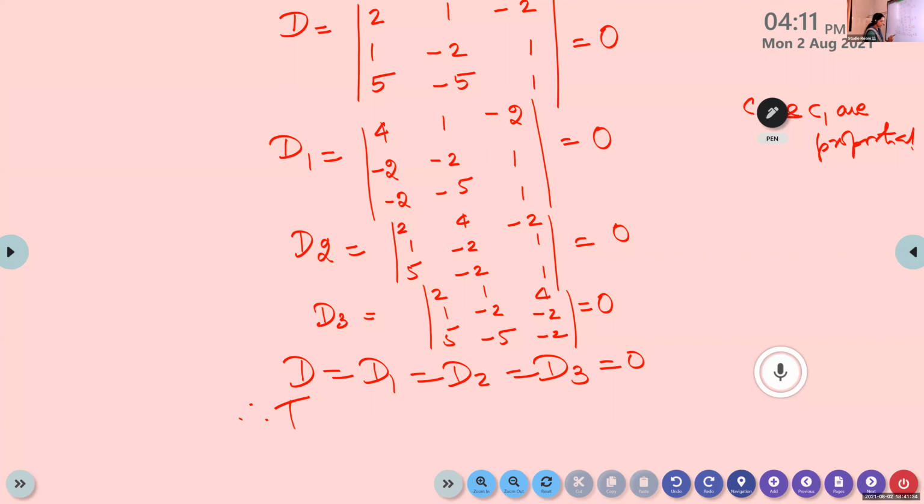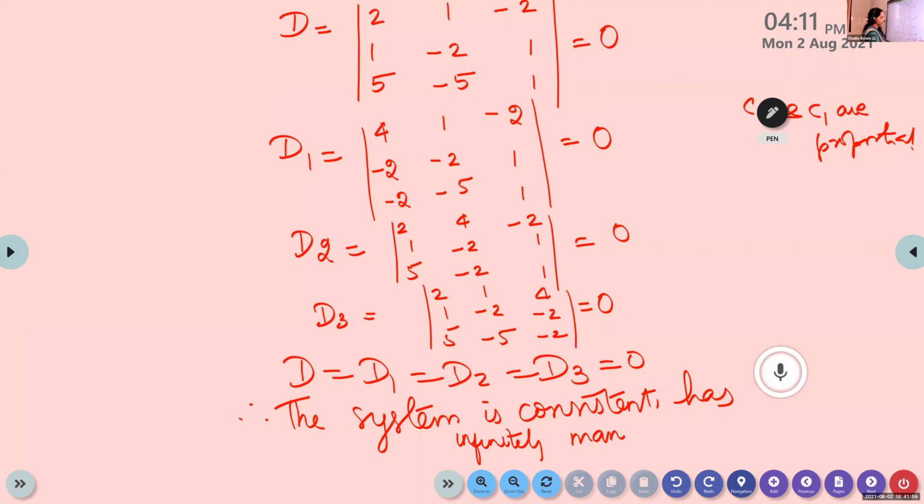Therefore, the system is consistent. It is consistent, but it has infinitely many solutions, isn't it?